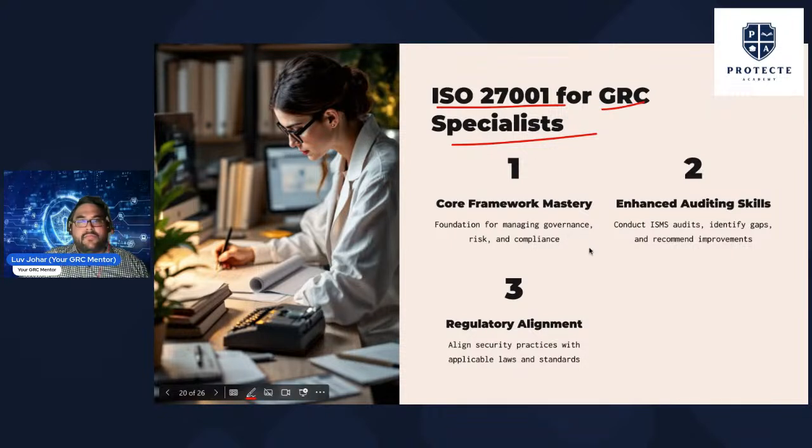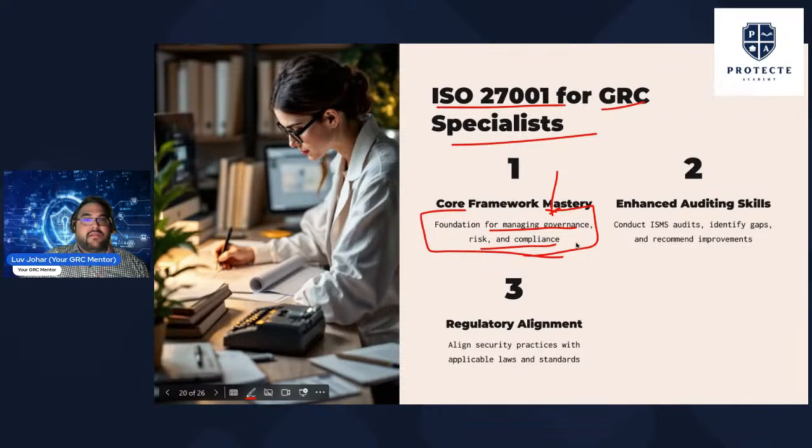Okay, so a foundation for managing governance, risk, and compliance. I 100% agree with this statement. There could not be a better foundation for managing governance, risk, and compliance than ISO 27001. You understand why you need to follow governance in an organization. You understand the role of information security. You understand the role of top management. You understand the role of policies.